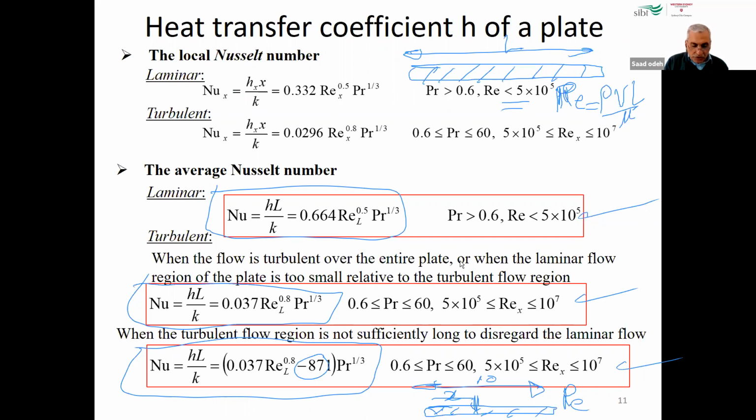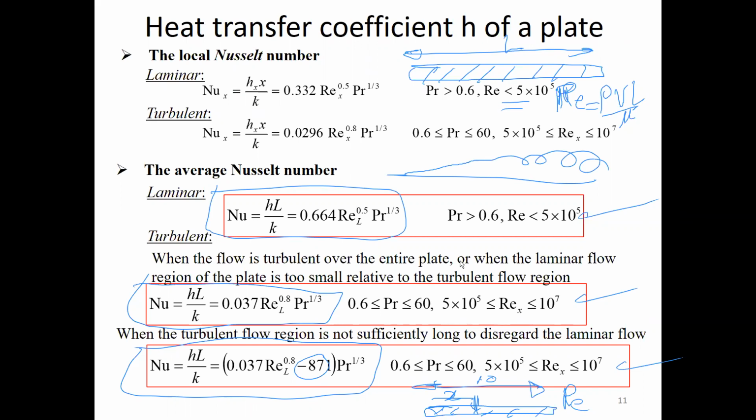We start with laminar flow, and then suddenly we have turbulent flow. If the whole length is laminar, it means there is no turbulence, correct? Yes, sir. So if I put L and found that Re is laminar, we don't have turbulence at all.